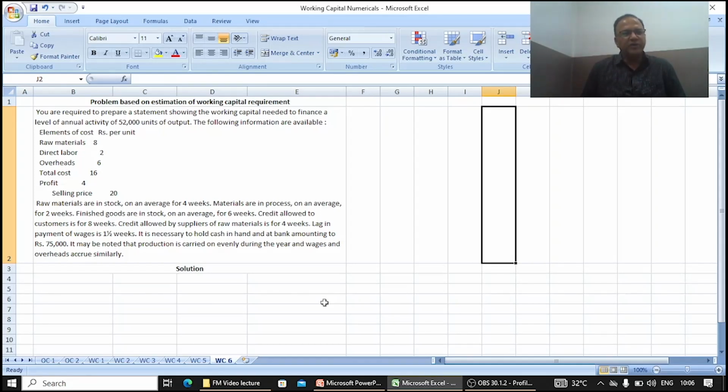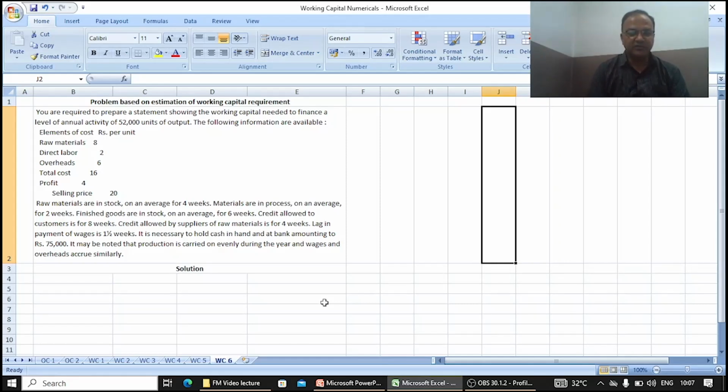The following information is available. Element costs are given in this way: raw material rupees 8, direct labor rupees 2, overhead rupees 6, total cost 16, profit 4 and selling price 20.